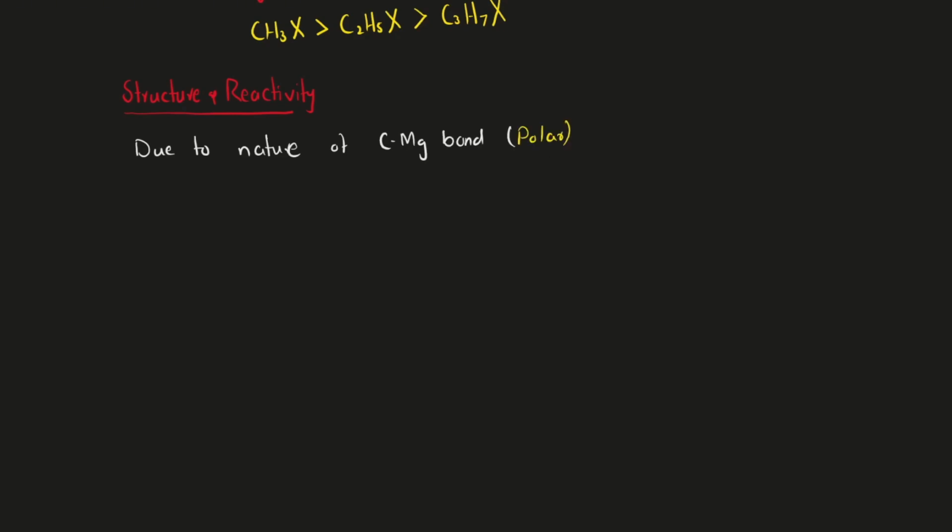Look at the structure of the Grignard reagent: the partial positive charge is on magnesium. Magnesium is more electropositive than carbon, and the carbon-magnesium bond is covalent but highly polar, giving the alkyl carbon a partial negative charge.